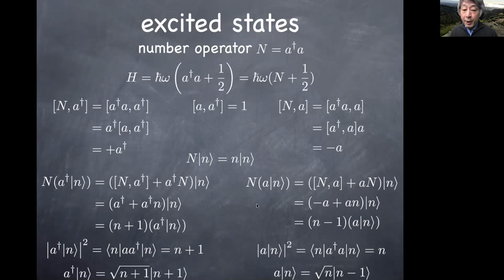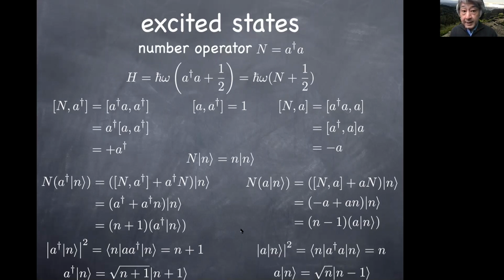Okay, then I also learned something important. So far, I didn't assume that the eigenvalue of a number operator has to be an integer. So in principle, it could have been any real number. But I also learned that using this A operator, I can keep making the eigenvalue of N smaller by 1, 2, 3, and so on and so forth.